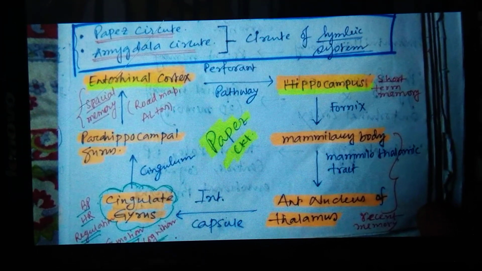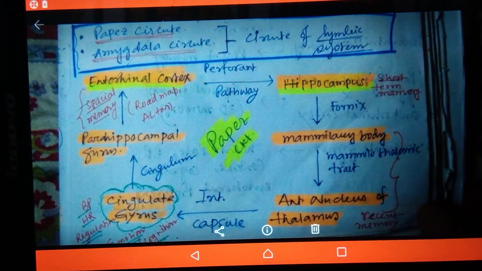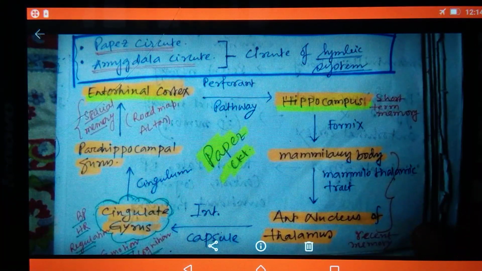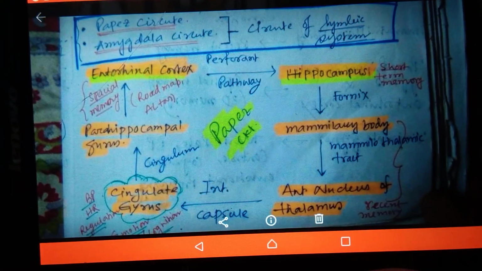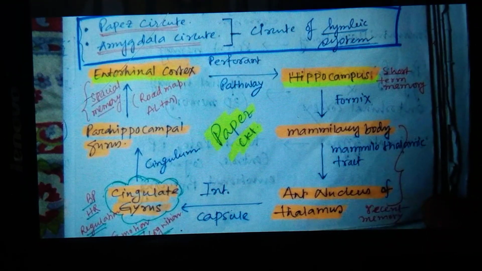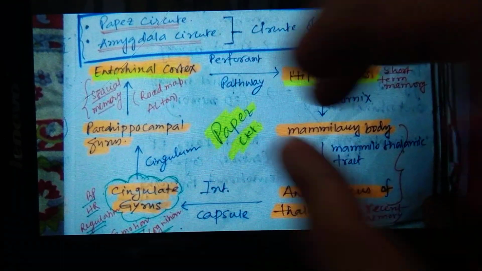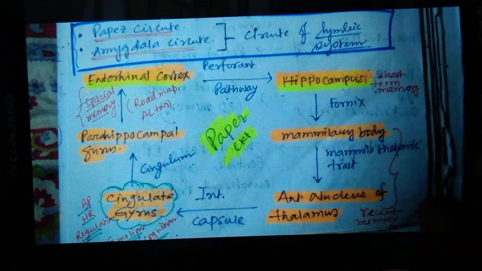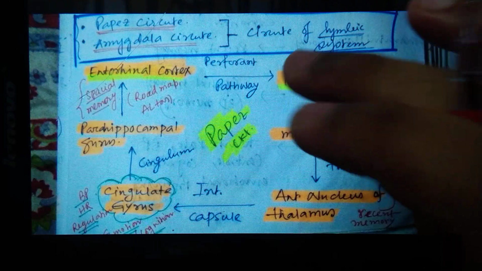In today's topic, I'm going to talk about Papez circuit. Okay, so Papez circuit is mainly related to our limbic system. Actually, our limbic system is related to two circuits.